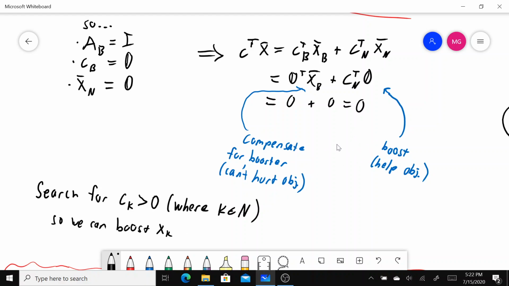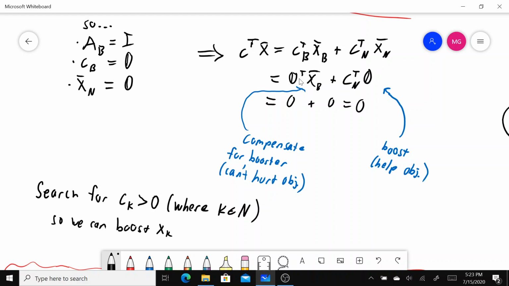And we're going to try to make it as large as we can, because that'll increase the objective value: we'll have c_k, which is positive, times x_k, which is getting larger, and so that's going to make the objective function bigger. So x_k will live in one of these non-basic variables here, and you're going to boost that, and then you're going to have to compensate somehow with the basic variables so that you maintain all the feasibility constraints.